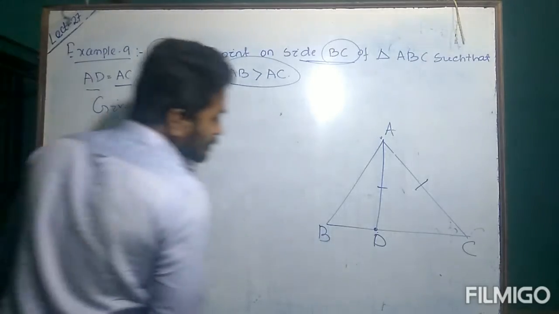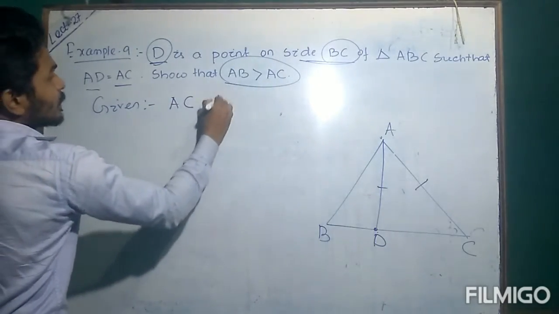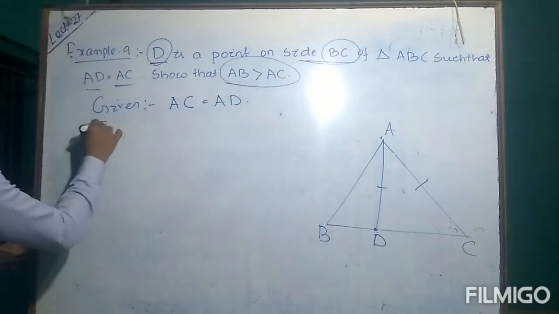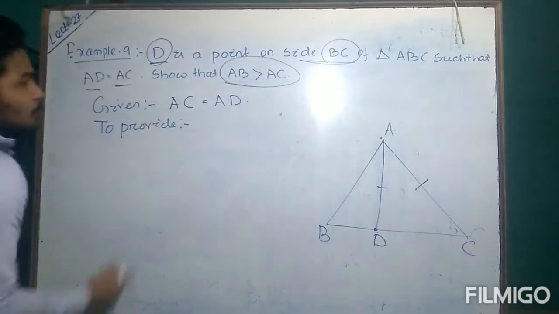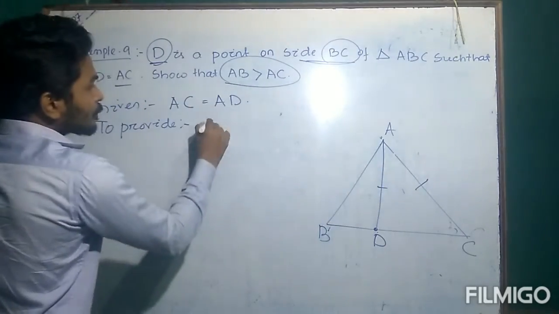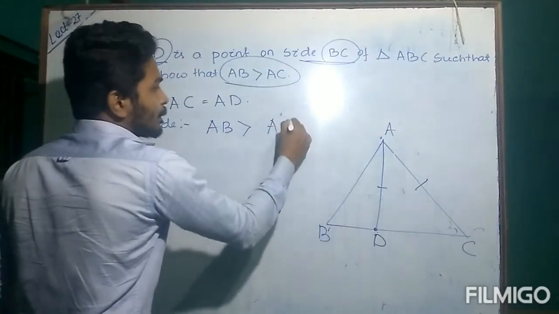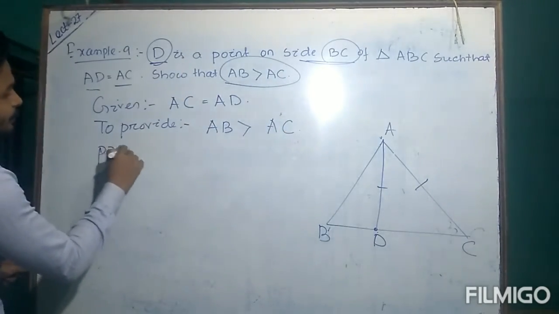It is given that AD is equal to AC, or you can say AC is equal to AD. We have to prove that this side AB is greater than this side AC.